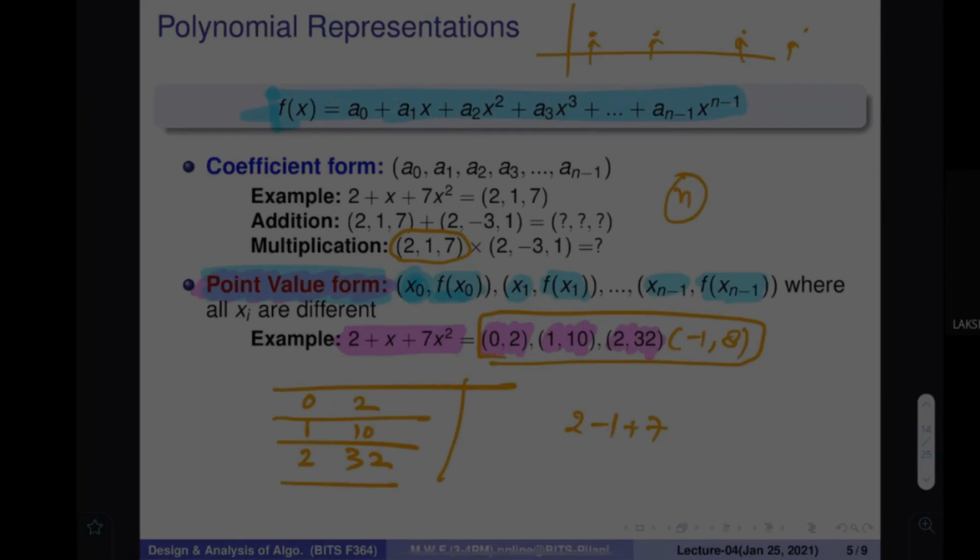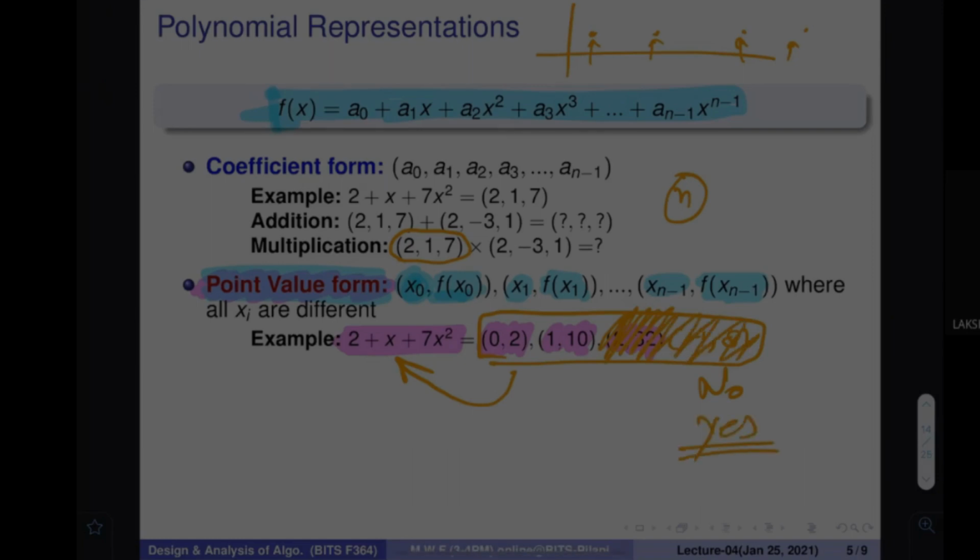Using only three values I represent the polynomial, and you would agree that three values can represent this polynomial. If I increase one more, does this change something? The answer is no. If I take fewer points, say only 2 points, does it change? The answer is yes.